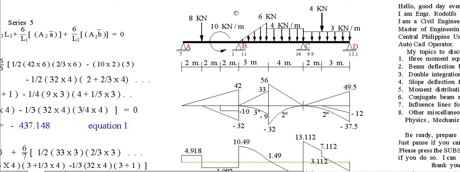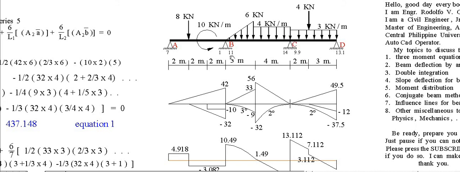While here, if you consider this as a simple beam, the dummy reaction RB is 11, and the dummy reaction RC is 14. Now to solve this, bring the reaction RB to this pivot at the base of the triangular load, at a distance of 3. So 11 times 3 is 33.